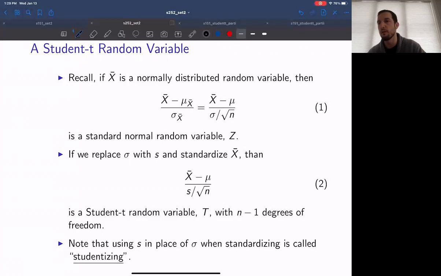It follows what is called the student's t distribution, which is very similar to the standard normal distribution. And in terms of the techniques that we're learning about, what this means is that our confidence interval now has to be based off of the student t random variable rather than the standard normal random variable, and that the hypothesis test that we'll see a little bit later uses the student t table critical values and p-values rather than the standard normal table critical value and p-values.